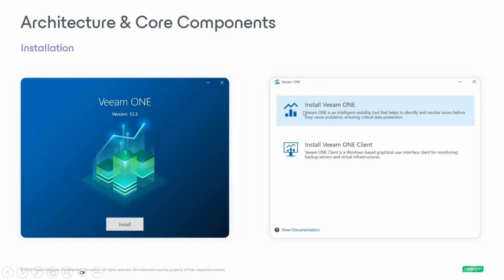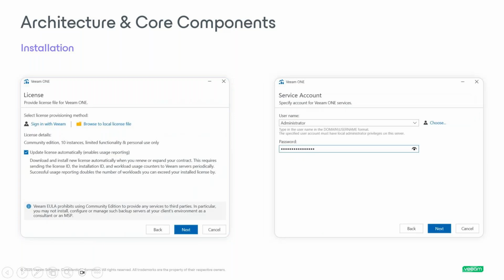This will be the page that you will see. Like I said, you can install everything into one, or you can install some of those components separately. Over here, you'll be able to install the license at this step, as well as the credential.